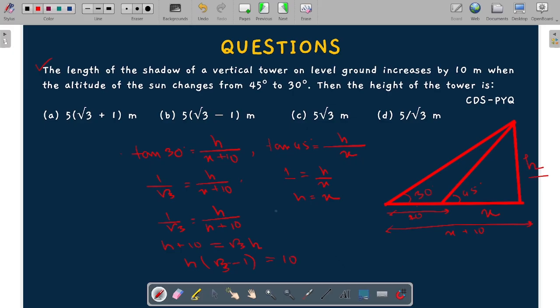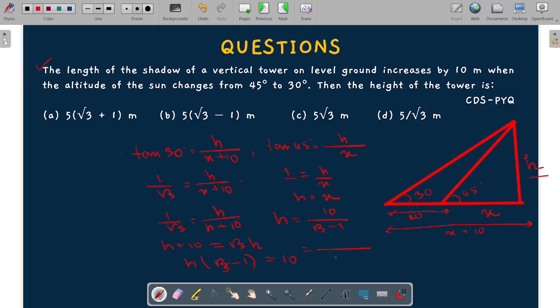So the value of h will be 10 by root 3 minus 1. Again we will multiply both numerator and denominator by root 3 plus 1.